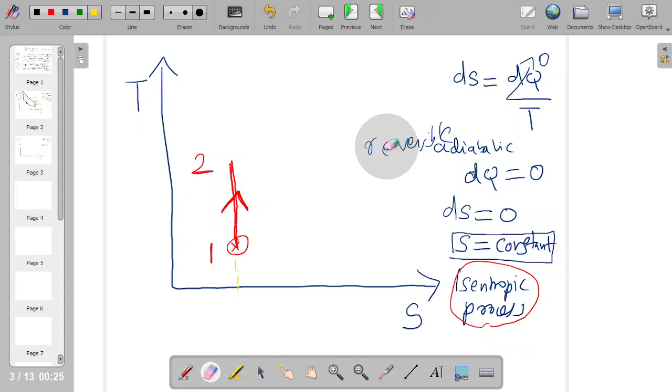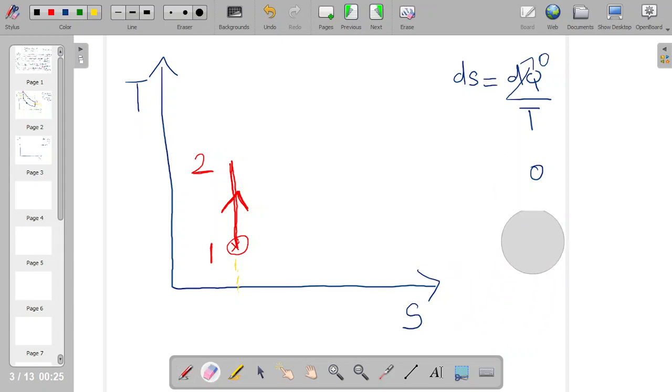Now what is 2 to 3? 2 to 3 is reversible heat addition at constant volume. So what will happen when heat is added? When heat is added, temperature increases.